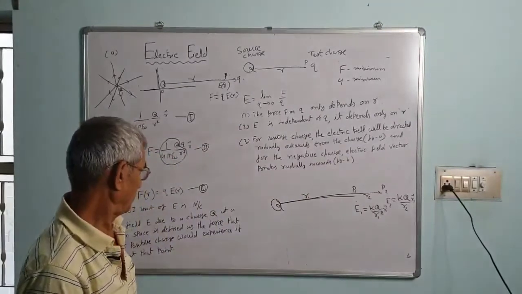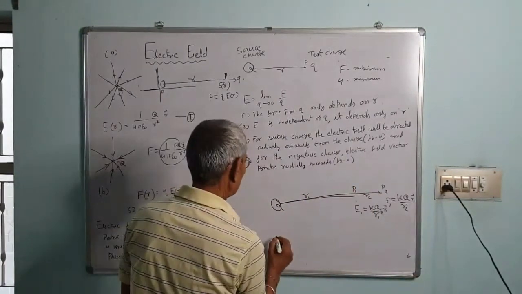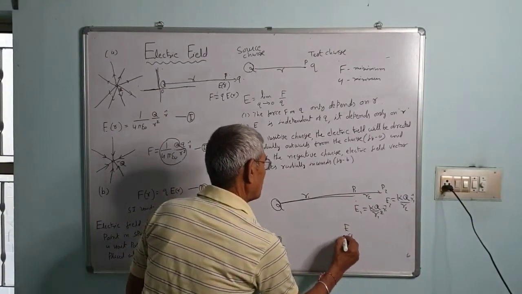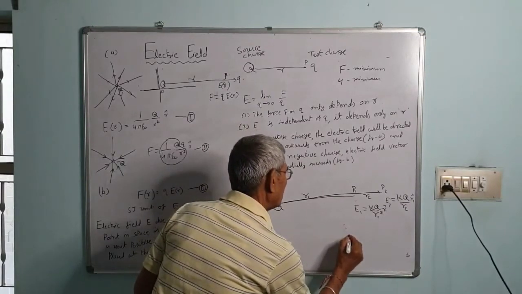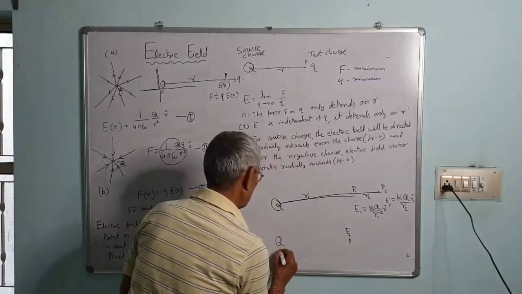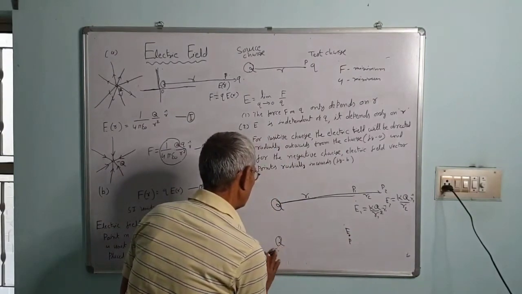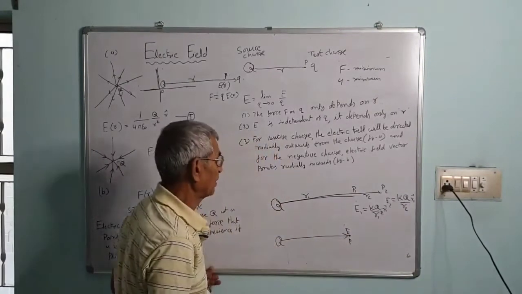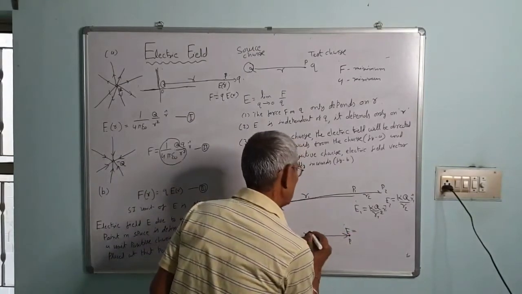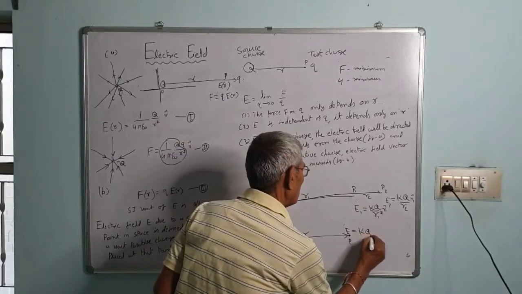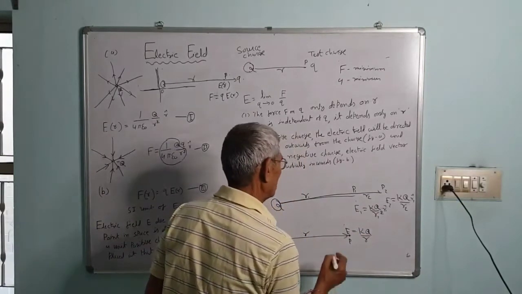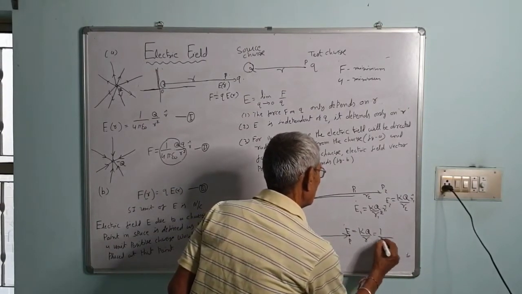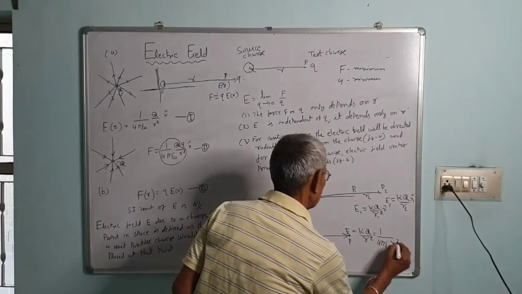Simply KQ upon R. Thus, if we place a charge Q at any point, say electric field at this point P is E. If this is positive charge, then electric field will be radially outward as shown in the figure, and its magnitude is KQ upon R, that is equal to 1 upon 4 pi epsilon naught, sorry, R square.